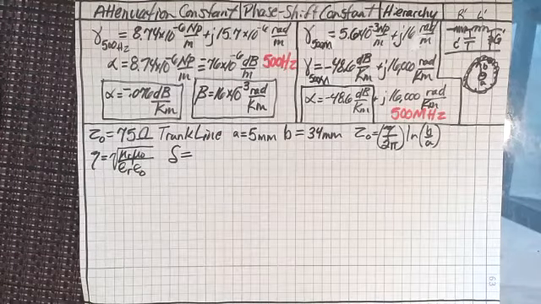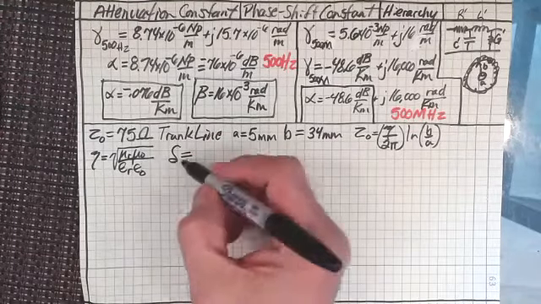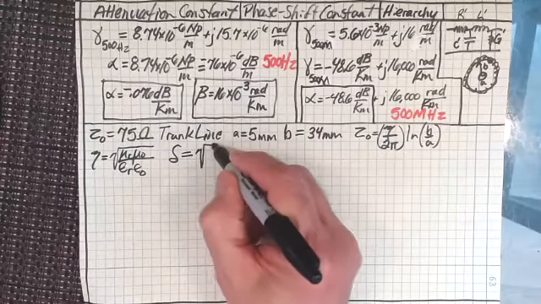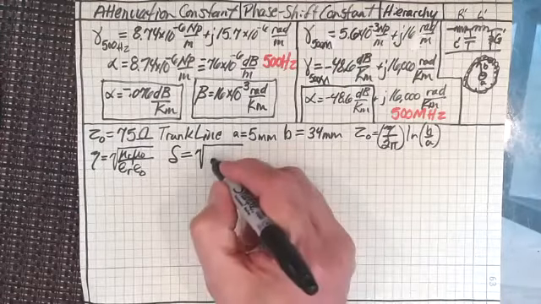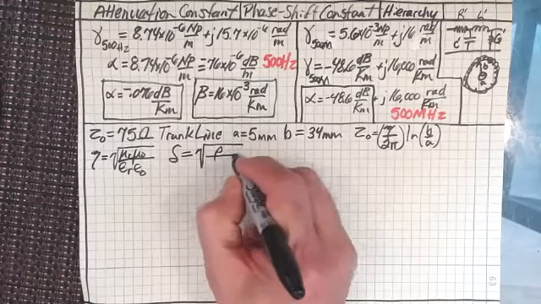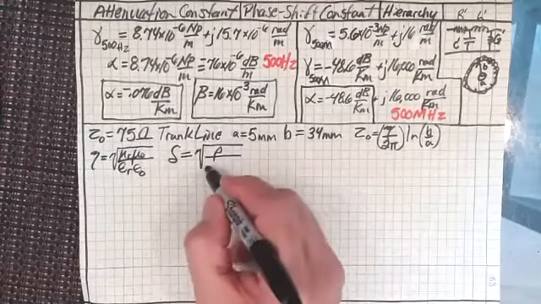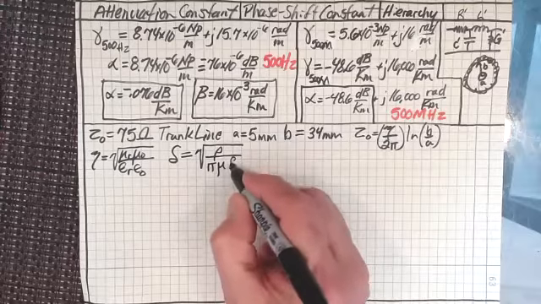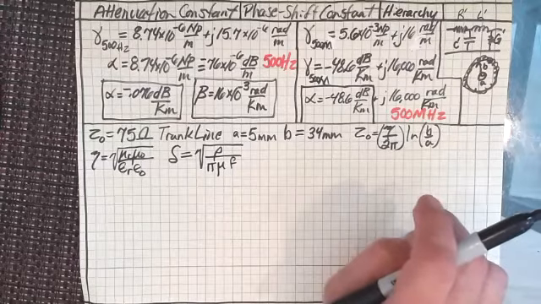I want to write down two things here, because the way I want you to remember this is the square root of the resistivity over pi mu f.